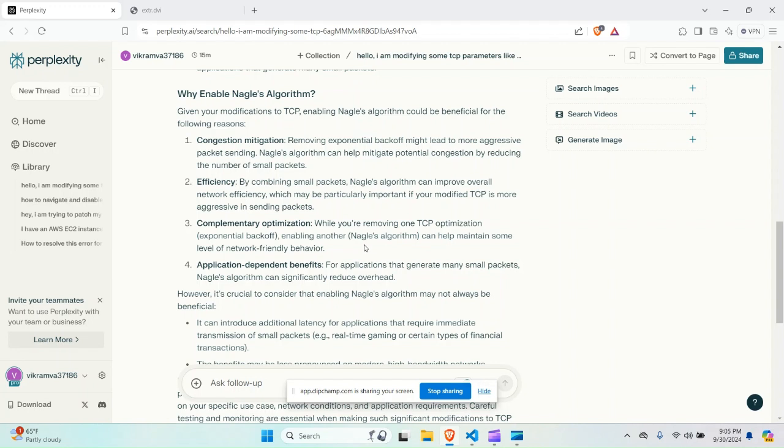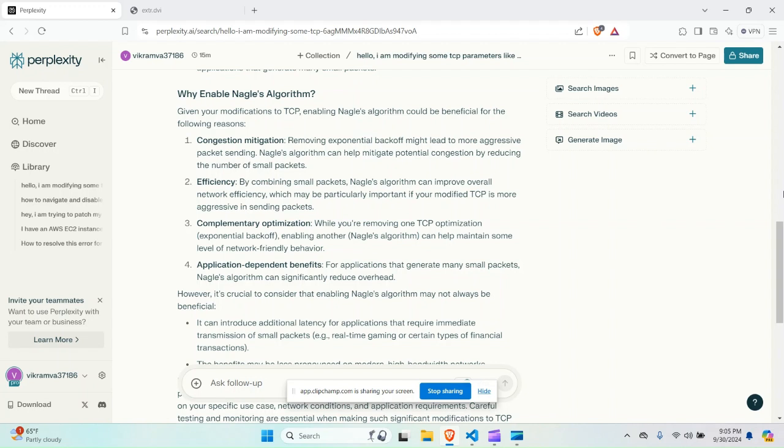You rapidly increase your sending rate, right? You're not as humble as your previous TCP. So combining Nagel's algorithm with this newly removed exponential backoff TCP is like leveling it down to not as extreme a level, calming it.